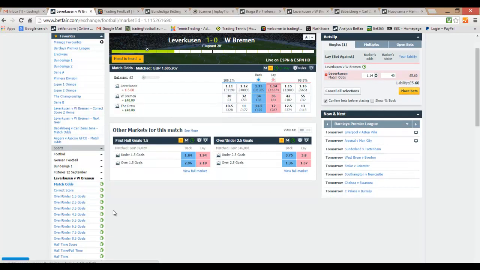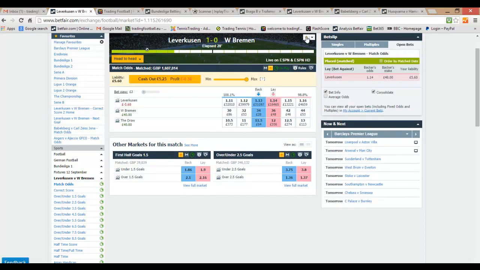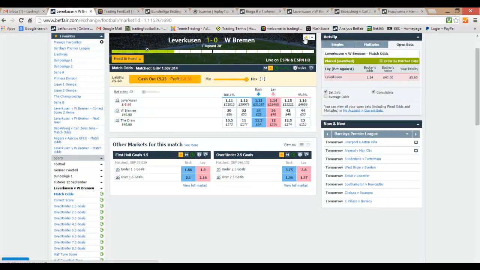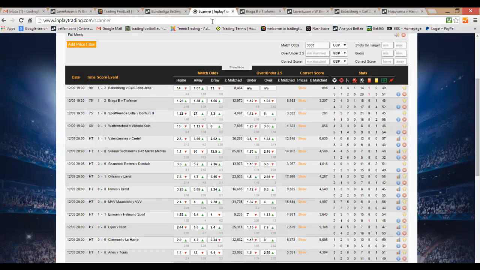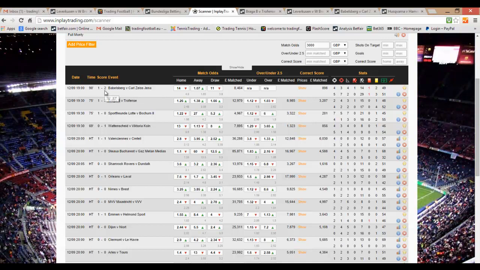So I'm going to stick with particular insurance to cover against this possible 1-1 or even a Bremen win by laying Leverkusen for £40 at 1.14. Now, given that I've got a £31 liability on the correct score 2 market and a £46 liability on the other correct score, that £40 lay covers around about 50% of my total liability.